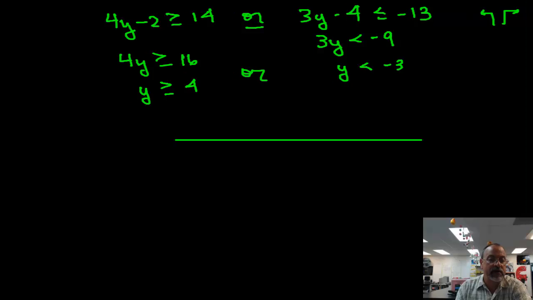Okay, so we're going to go ahead and graph these. Here's my origin. We'll graph this one first: y is greater than or equal to 4. So here's my 4. It's greater than or equal to, so that's a solid circle. Greater than is to the right. Then we have y is less than negative 3. So here's my negative 3. It's less than, it's not included, so it's an open circle.